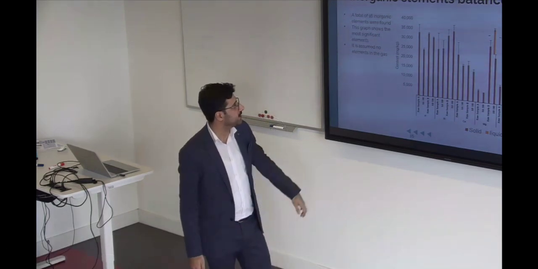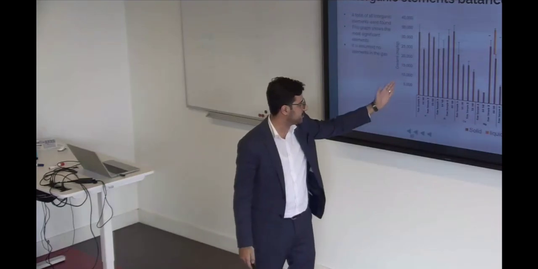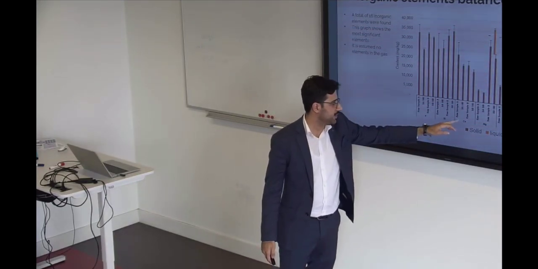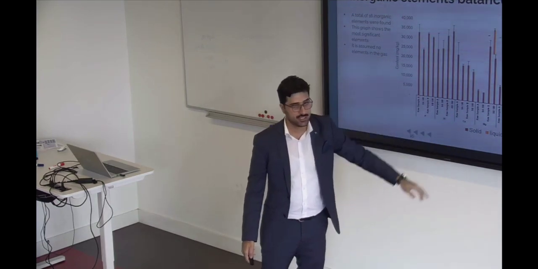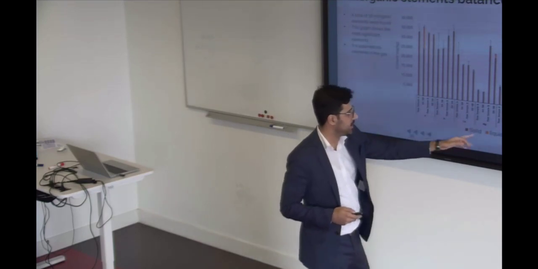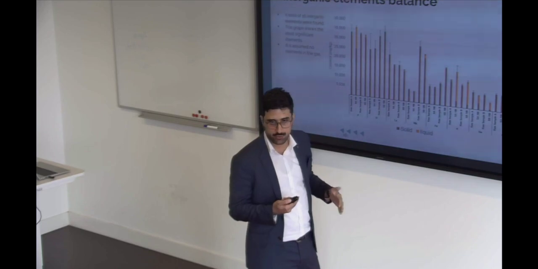So what happened here is that you see this is sample A, and this is after the HTC, and this is for phosphorus, silica, calcium, magnesium, iron, potassium, and sodium. As you can see here, sodium and potassium can leach out to the liquid, so it actually improves the hydrochar.